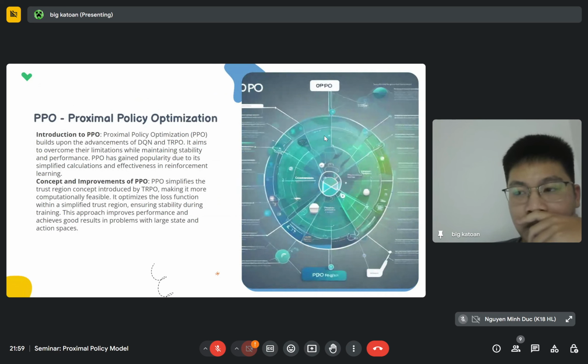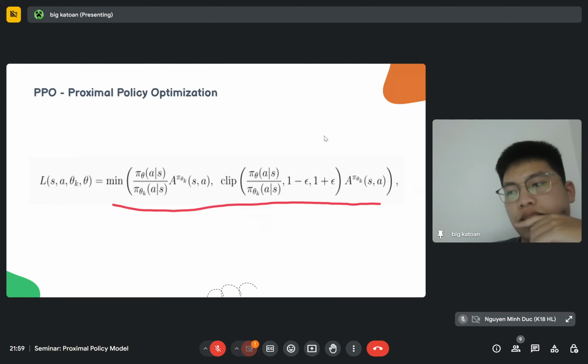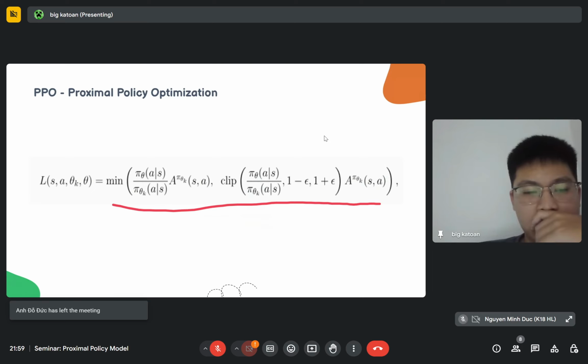The core idea of PPO is to restrain the model: it calculates the advantage and the ratio between the new policy and the old policy to know how to update to the new policy, and it restrains the new policy to not be much different from the old policy. And there are some other methods, like the tau parameter in DDPG.